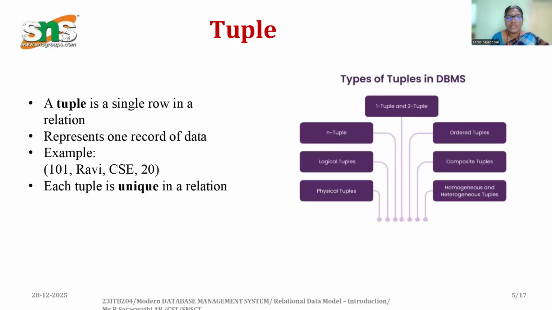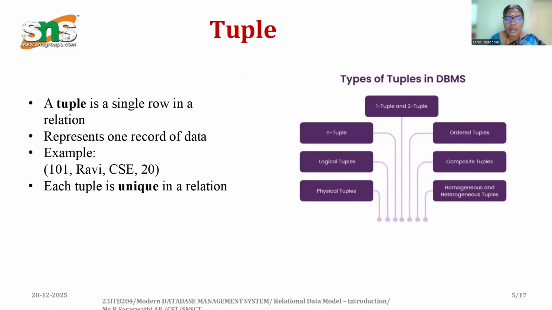Tuple. A tuple is a single row in a relation. Each row is called a record, and the record is called a tuple. The collection of tuples represents the records of each table. That is, 101 Ravi CSE 20.